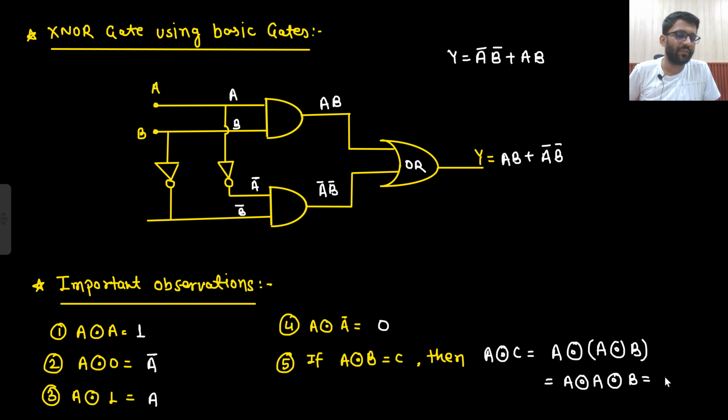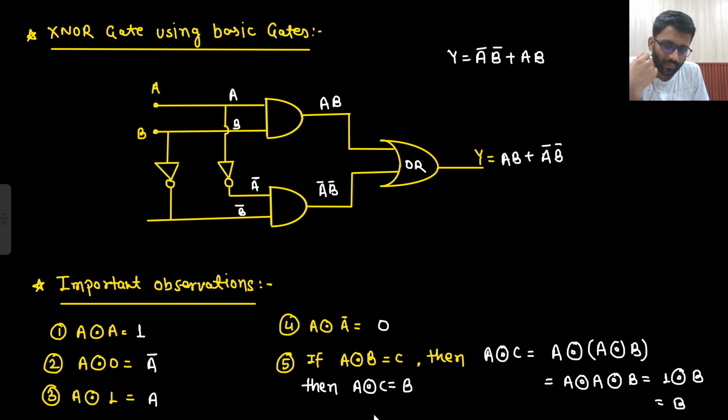So A XOR A will be 0, and 0 XOR B will be B. So A XOR C is replaced with B. So here basically A XOR C is equal to B and B XOR C is equal to A. That's it. This is how we can replace it.